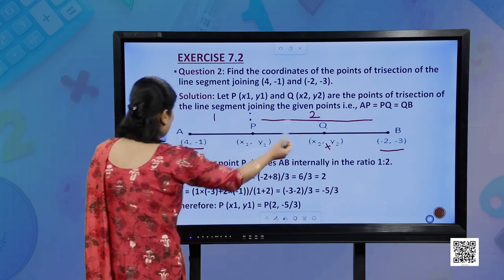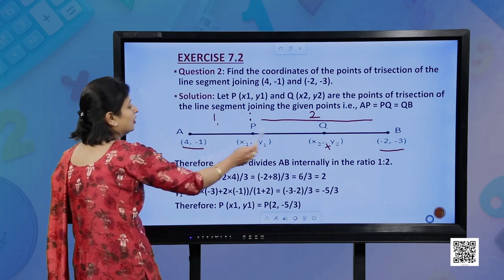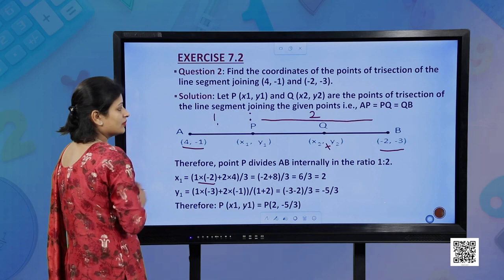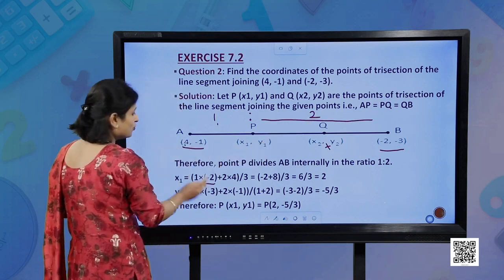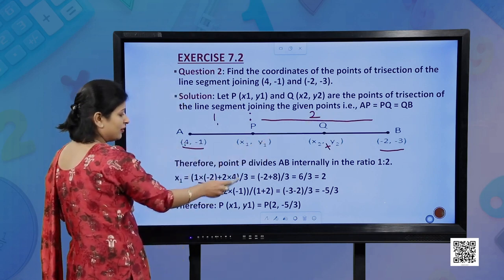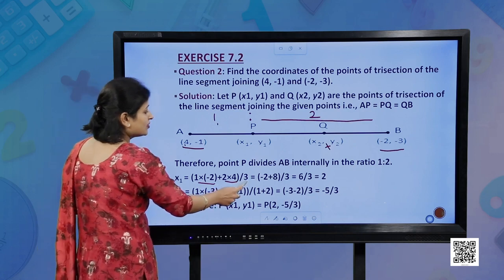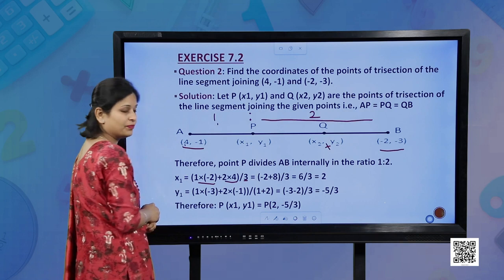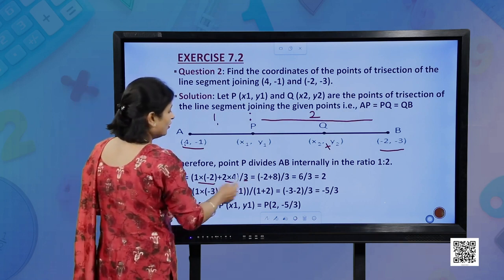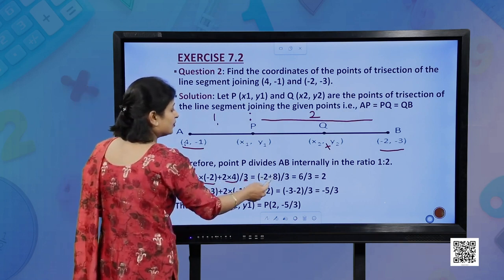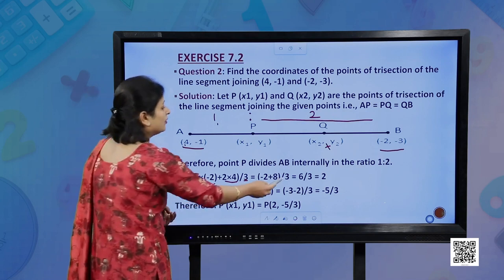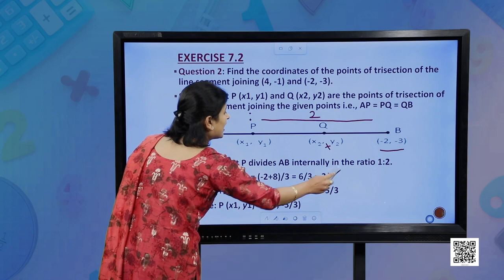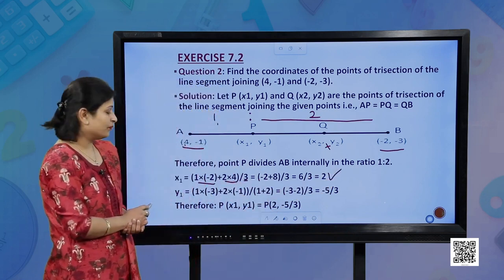See, 1 into minus 2 plus 2 into 4 divided by the sum of the ratios, which is 1 plus 2, 3. Now, if you solve, you will get minus 2 plus 8 in the numerator divided by 3. You will get the value of x1 as 2.